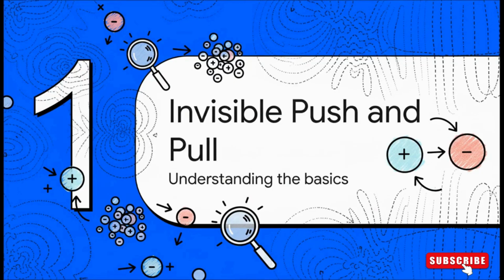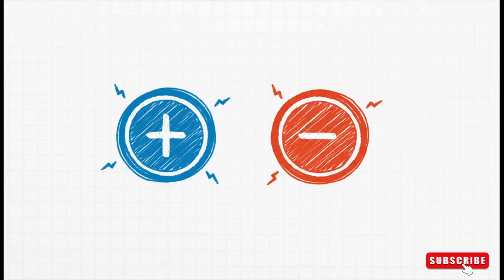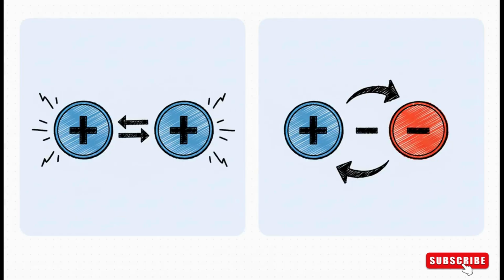All right, let's start with the basics of this invisible push and pull. What is actually going on, way down at the microscopic level that creates that spark? It really all boils down to one simple idea. You've got these tiny particles everywhere, and they have a special property called electric charge. And this charge comes in just two flavors. You've got positive and you've got negative. And these charges, they live by one very simple rule.